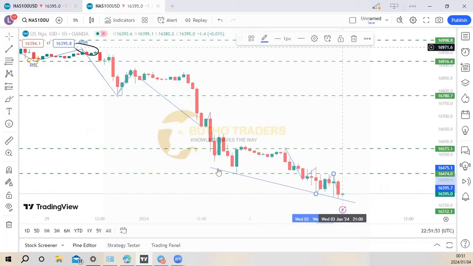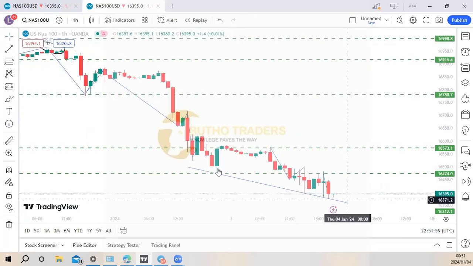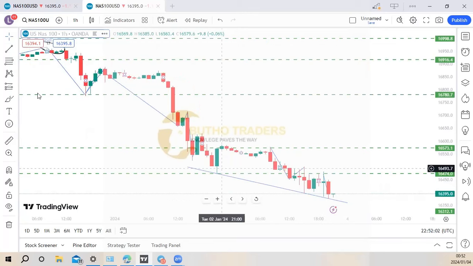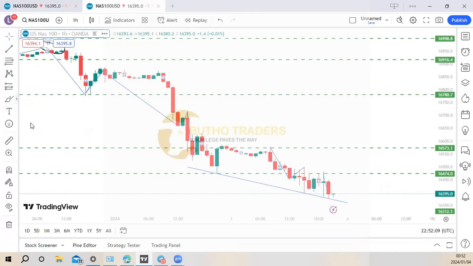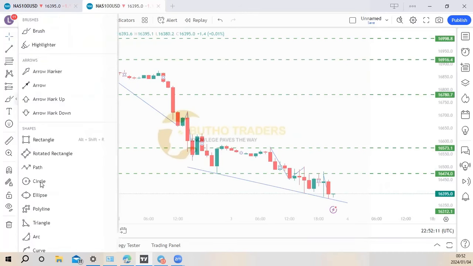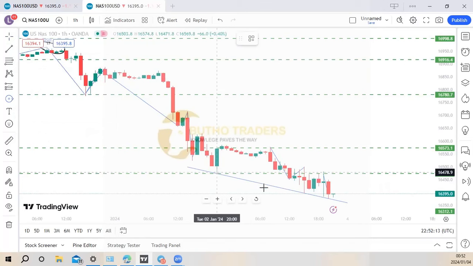So I have first lower low there. Let me highlight it. Oh, I have something that I use to highlight that is more clear. Okay, second, this one. First lower low.